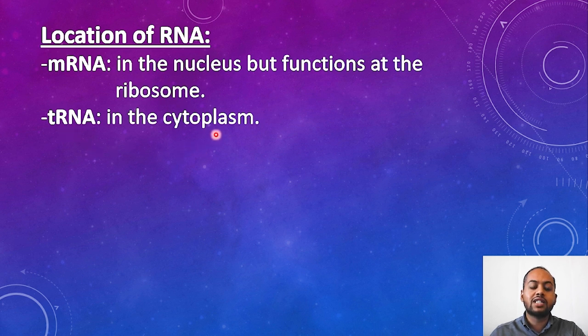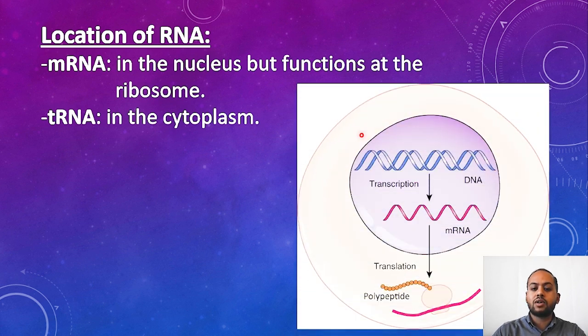That RNA is located inside the cytoplasm, and it's generally also going to perform its function at the ribosome. So we have two types of RNA, mRNA, tRNA. mRNA located in the nucleus, functioning at the ribosome. tRNA located in the cytoplasm, functioning at the ribosome as well.